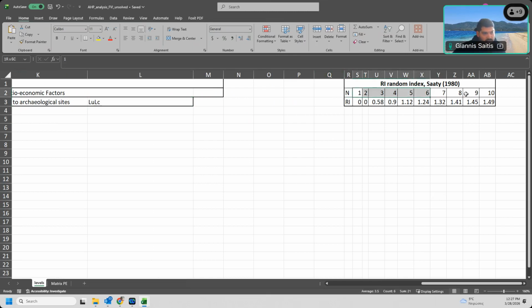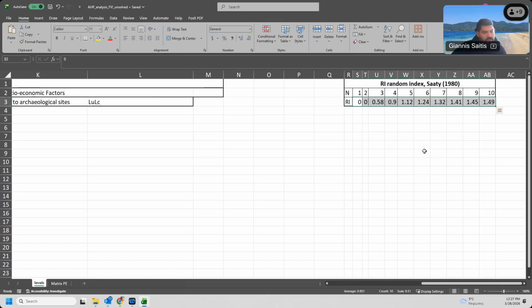So n is the number of factors, the variables or the criteria. Then you have a different random index constant.